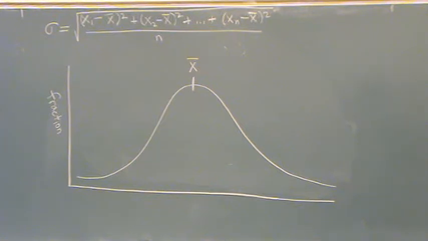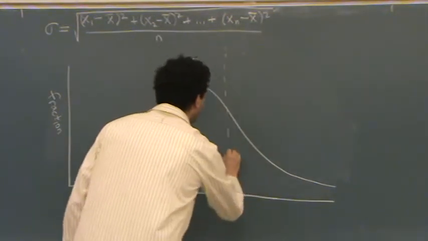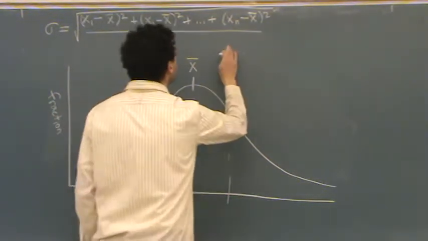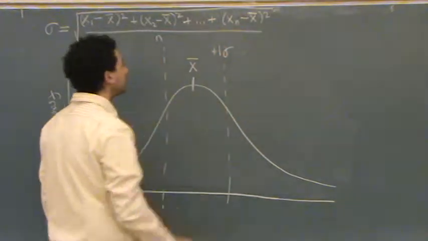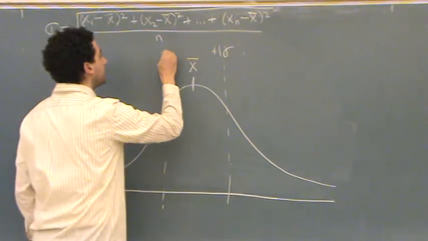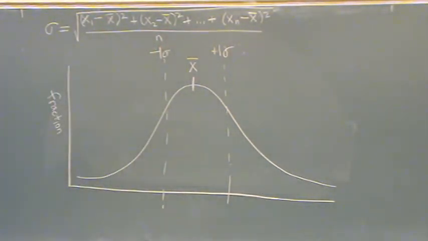Now, what does the standard deviation mean? That is the measure of how far something is away from the mean. So let's say right here, and right here, this first line represents +1 standard deviation above the mean. And this dashed line over here means -1 standard deviation below the mean.